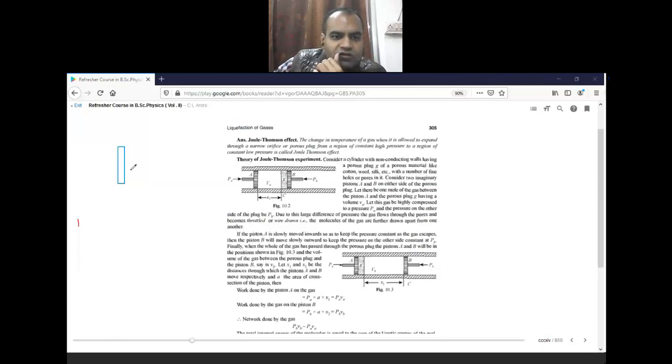Porous means there are a lot of small paths. Okay, how do I draw here? I cannot draw here. Sorry, it is a bit difficult to draw. Just give me a minute. I'm trying to draw something.